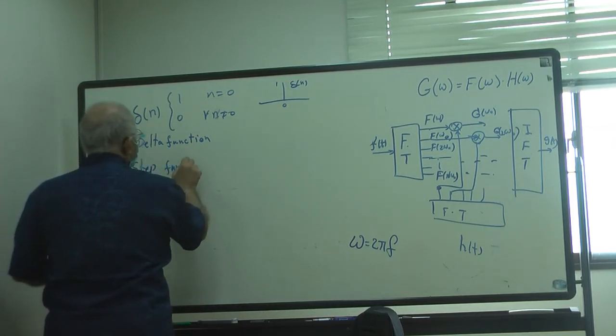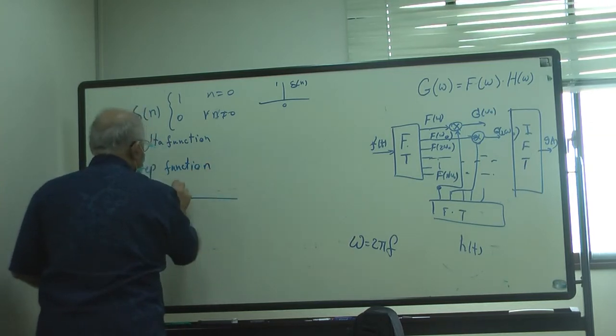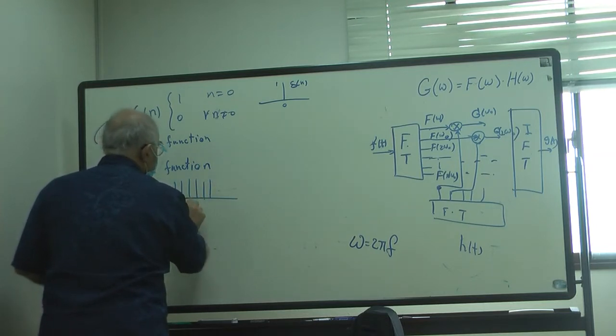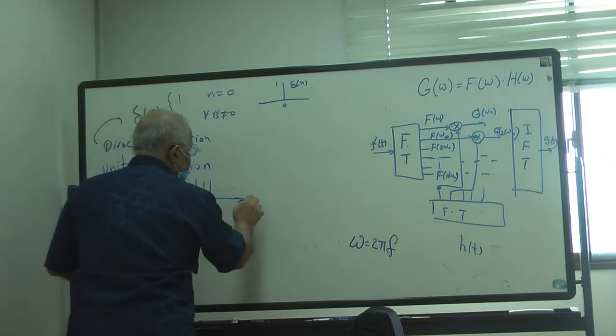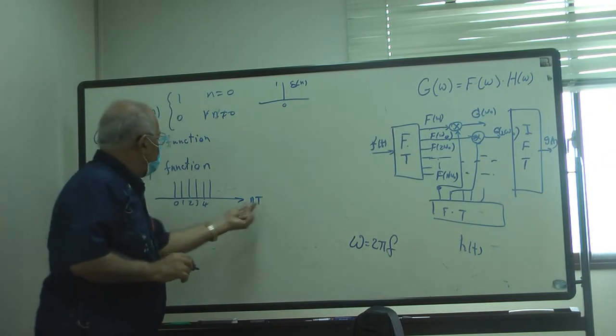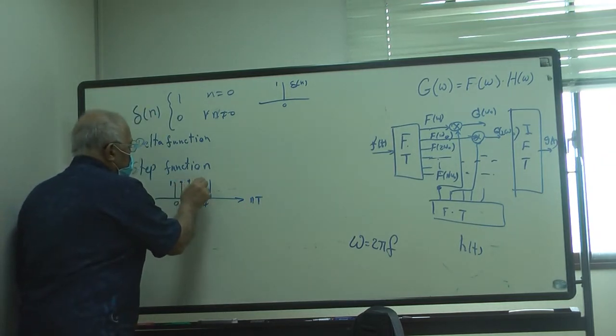The unit step function is like a step: at 0, 1, 2, 3, the sequence is nT, where the period is T. So here is 1, 1, 1, 1, all 1.